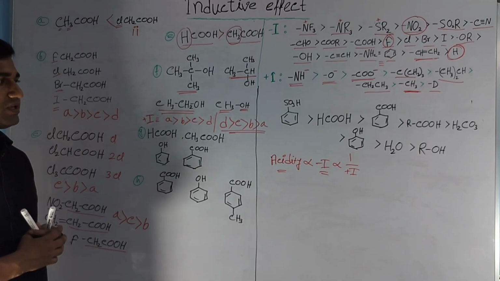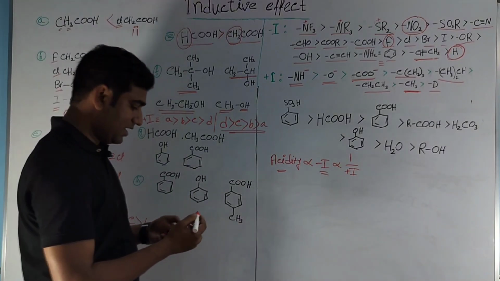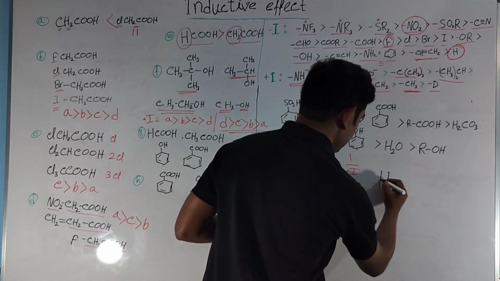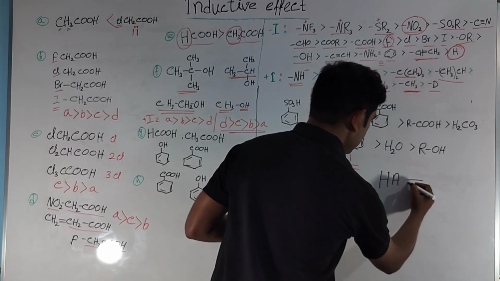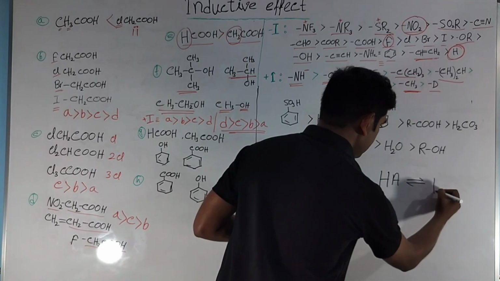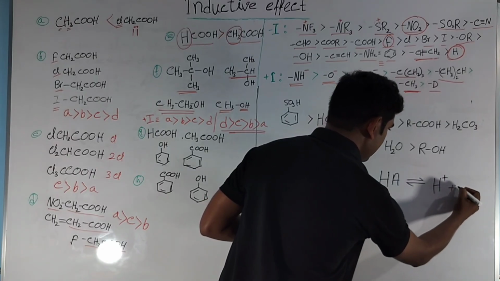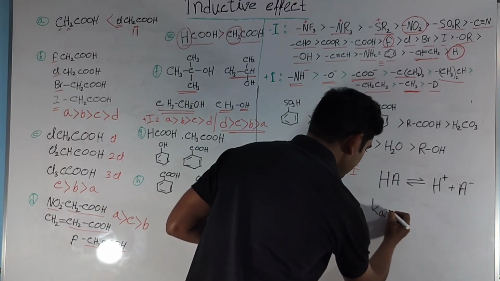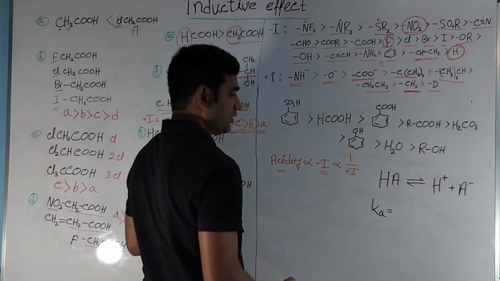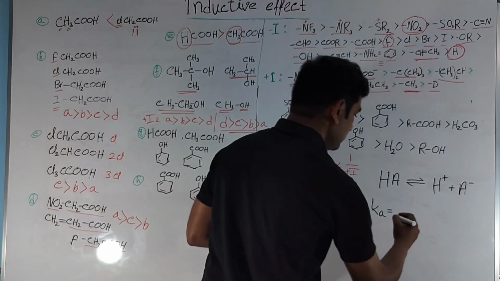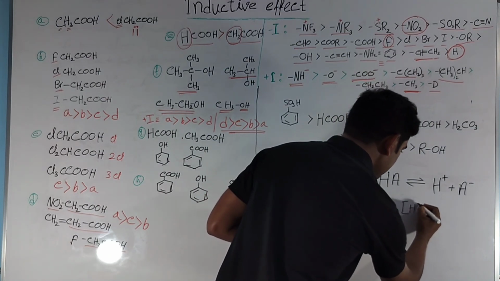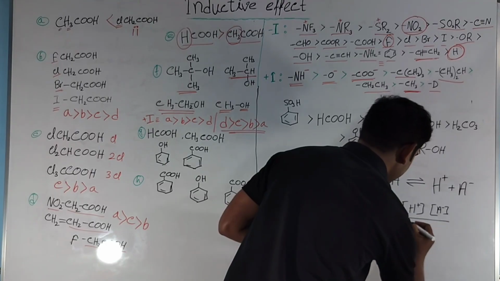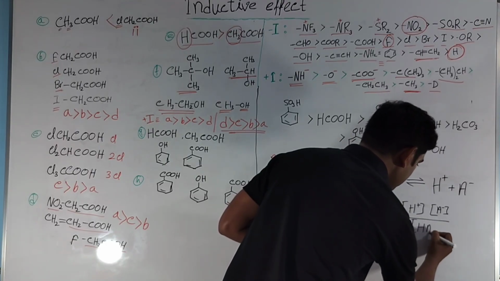pKa value means, suppose any acid HA, reversible dissociation, H plus is released and A minus is the anion. Ka is the acid dissociation constant: the product concentrations, H plus and anion, divided by the acid concentration.